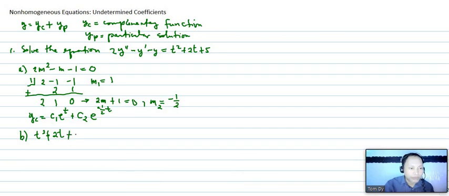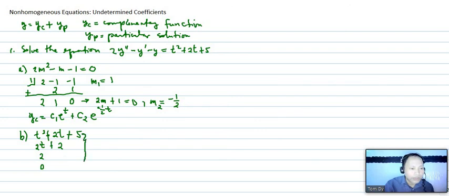We take the derivative of this part, and you have 2t plus 2. Then again take the derivative, that is 2. And the derivative of 2 is 0.